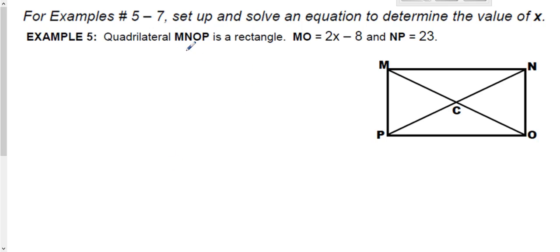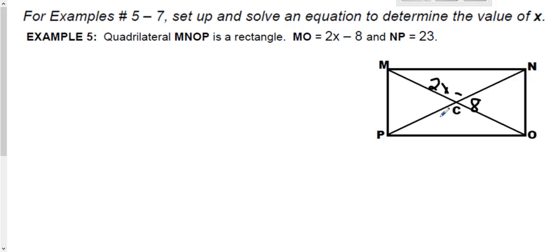Example 5 here. We got quadrilateral MNOP is a rectangle. MO equals 2x minus 8, that whole diagonal. And NP, the other diagonal, is 23.